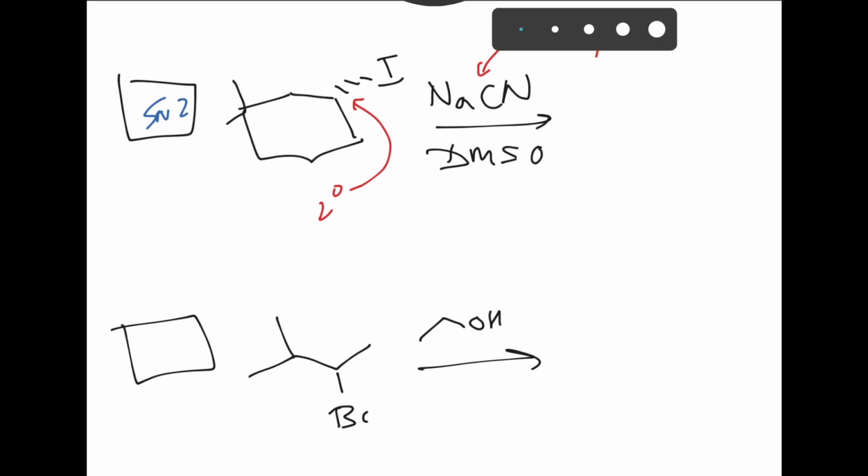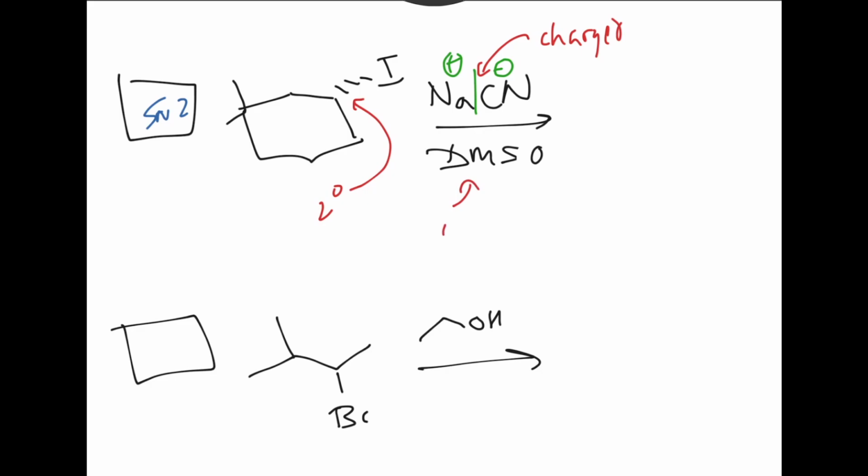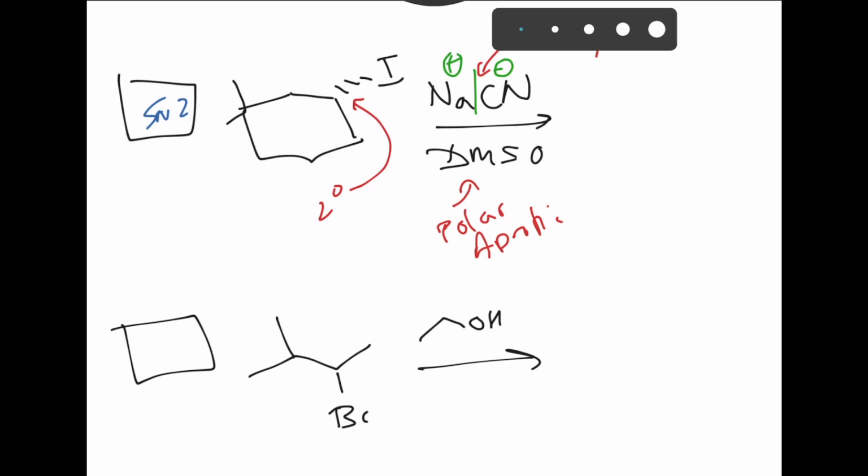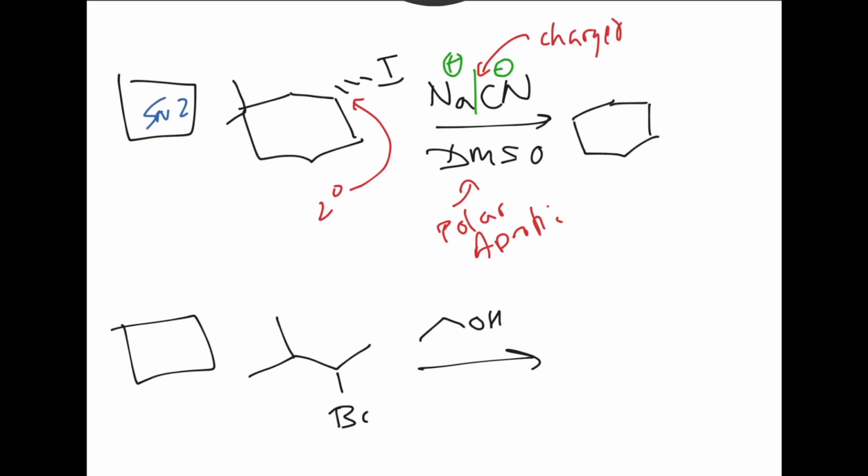This one you're going to have sodium plus, and the carbon bonded to the sodium is going to have the minus. So that carbon is going to be the nucleophile. And then this is polar aprotic. So we're going to make our product.